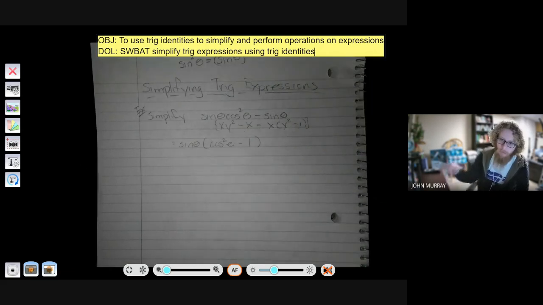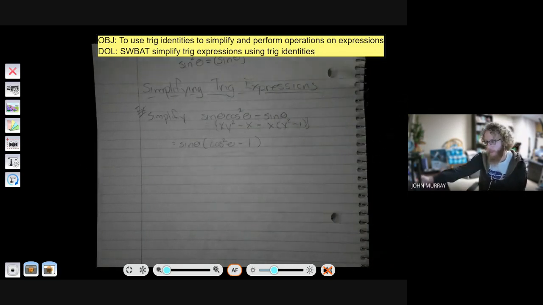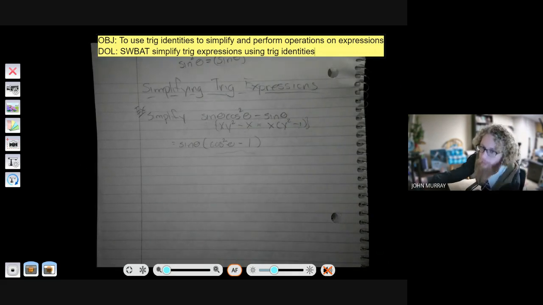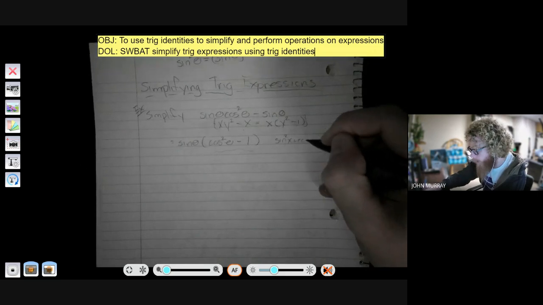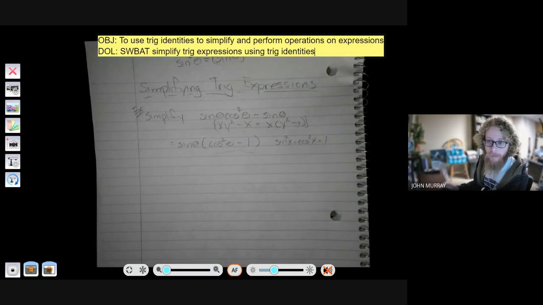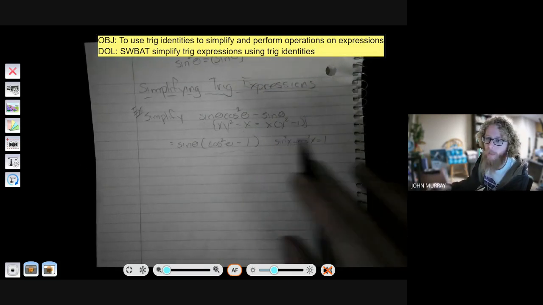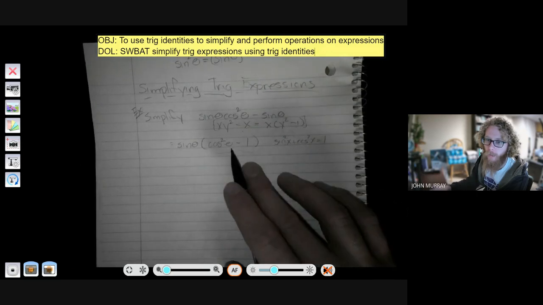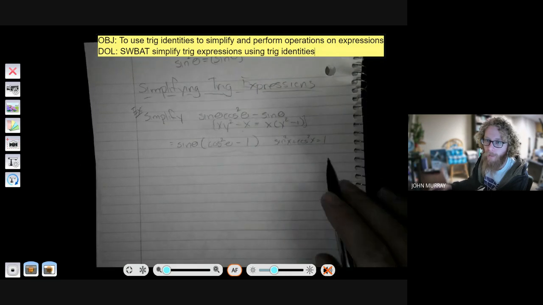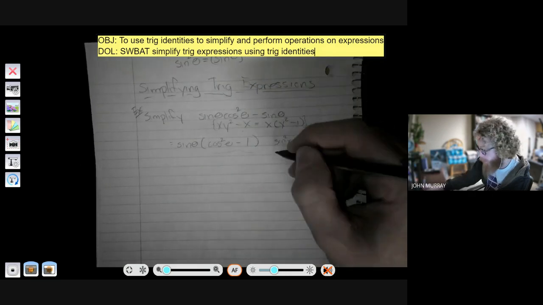Something in your brain might be saying, oh, I recognize something there. It's okay if you don't. We haven't gotten comfortable enough with this yet. But this here, cosine squared minus 1, looks very similar to one of our Pythagorean identities. If I manipulate this, if I try to make it look like this, I can subtract 1 from both sides.